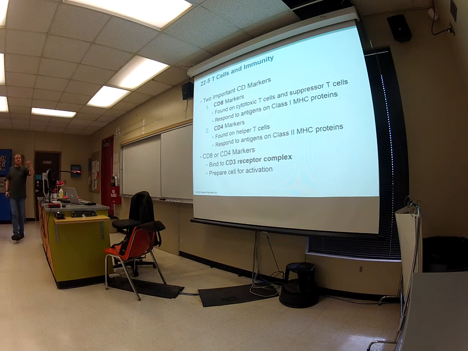This is the most important thing to lock down right here: which marker is part of which one? CD8, cytotoxic T, suppressor Ts, class 1. CD4, class 2. You have to know which ones they line up with.